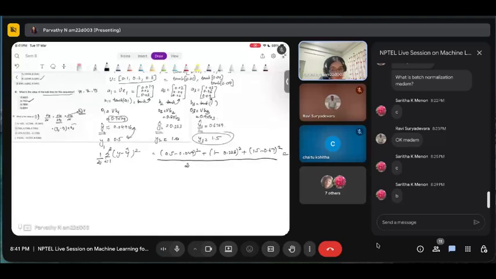H3 also we can substitute here, and then can you tell what value you get?